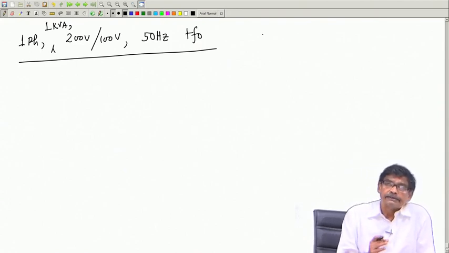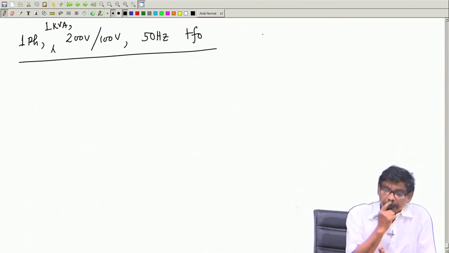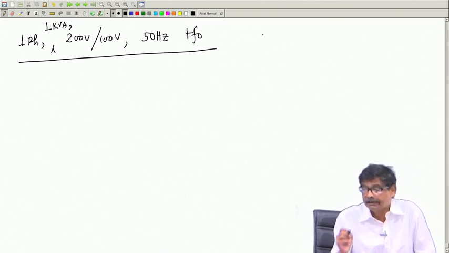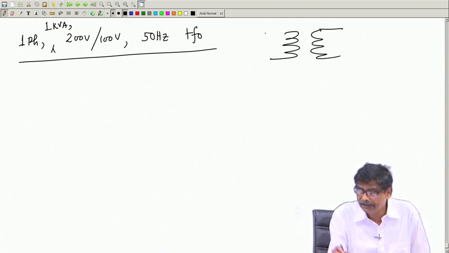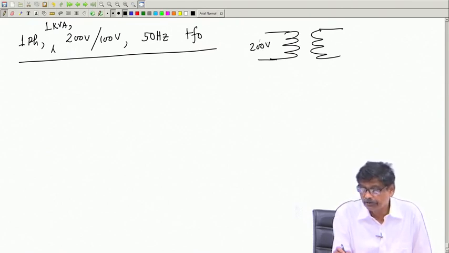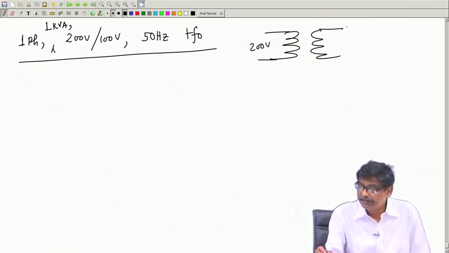These things are given to you. What does this mean for a practical transformer? This is the practical transformer. I will assume this way, that if you apply a 200 volt 50 hertz source here across this winding with nothing connected on the secondary side, you will get 100 volt 50 hertz.